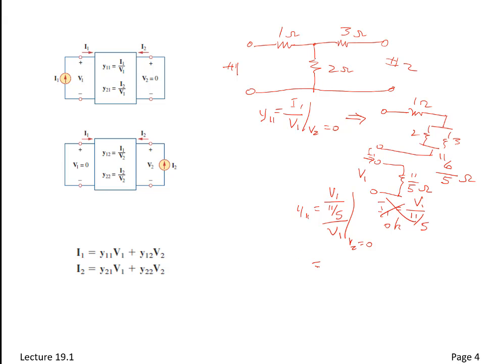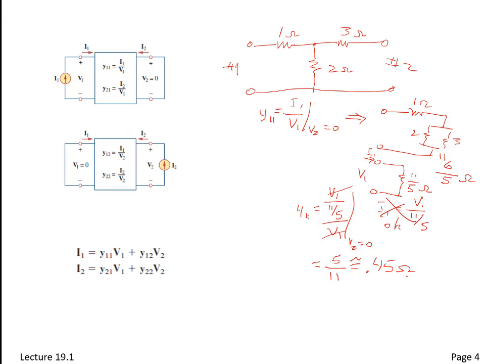So this is equal to, the V1s will cancel, 5 divided by 11, which is, I'm just guessing, about 0.45 mhos, I tend to think of it.